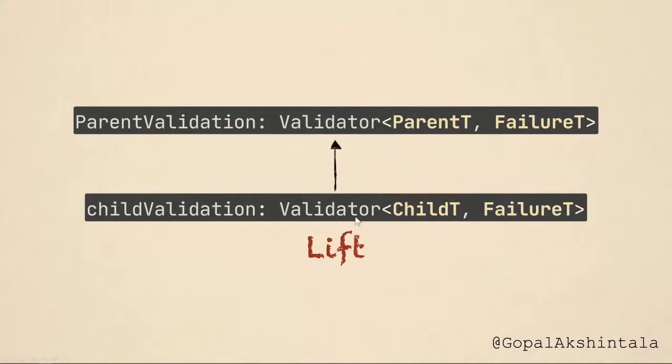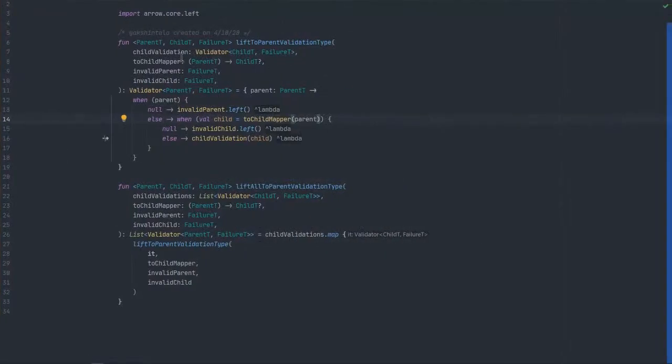So how do I do this in code? Simple. I take this function as a parameter, and then I take a mapper which tells me how I can extract the child from the parent. This is a function which takes in a parent and returns a child, right? So in this particular example, I would just have to say how I can take the payment method out of the big object. It might just be a getter like get payment method.